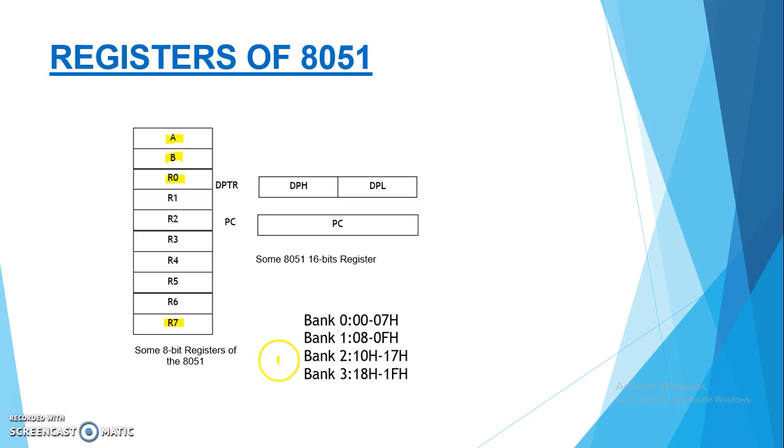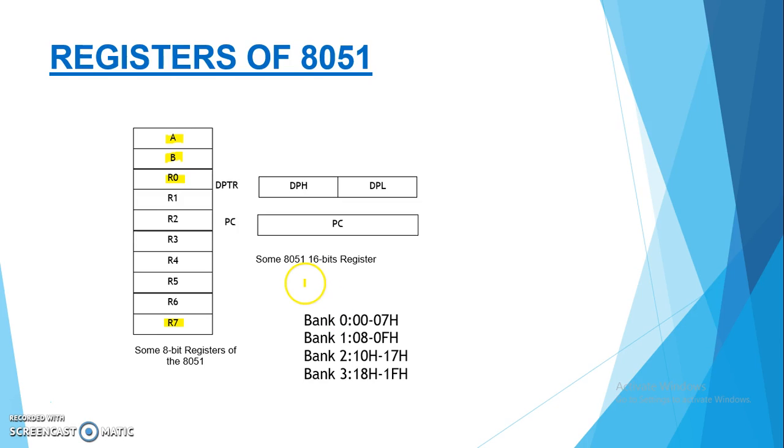Every bank has its own R0 to R7. But the fact remains that at a time, out of all the banks, only one bank will be active. Now how do we select the bank? Whether we want to work with bank 0, bank 1, bank 2 or bank 3, that selection is done with PSW. PSW is known as the program status word, which I'll show you later.